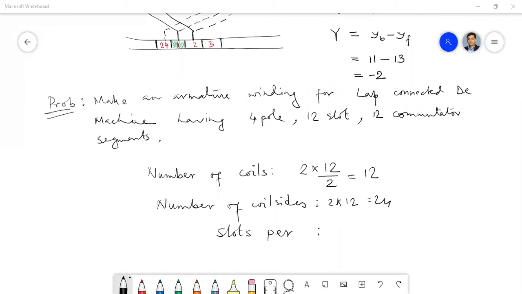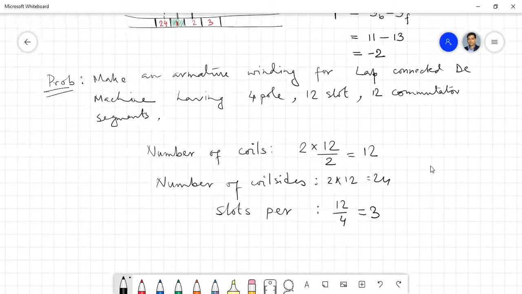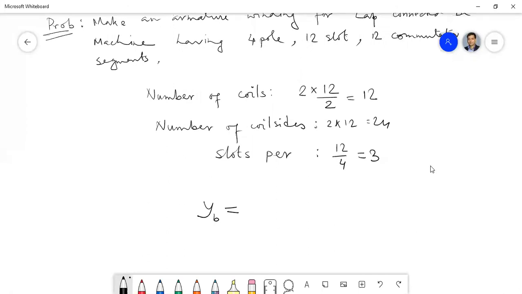So that means slots per pole equals 3. Now you calculate the back pitch. You calculate the back pitch, I will ask you.